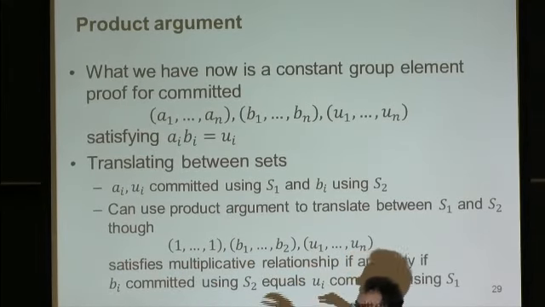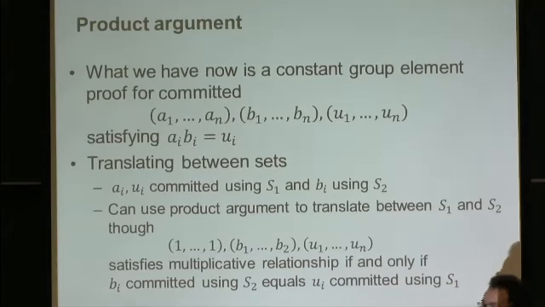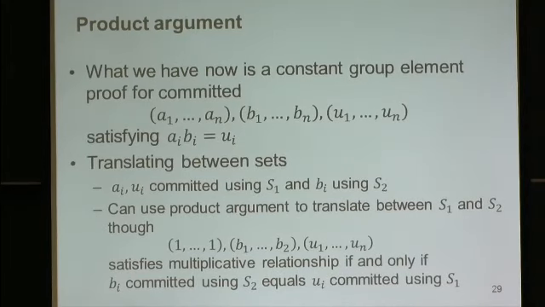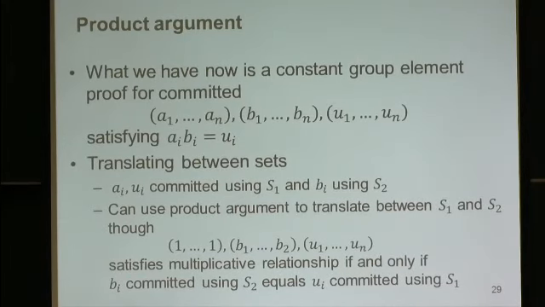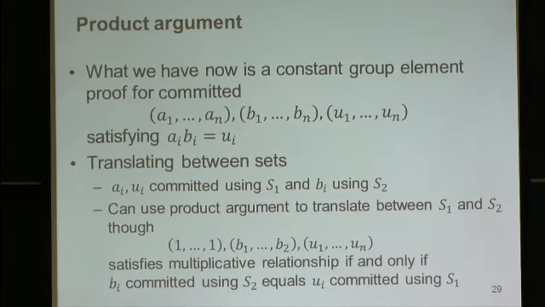So I can translate between S1 and S2 using this. I can have a commitment to values in S1 and a commitment to values in S2, and show that these values are the same. And that will give us product arguments for commitments where all values are in S1.